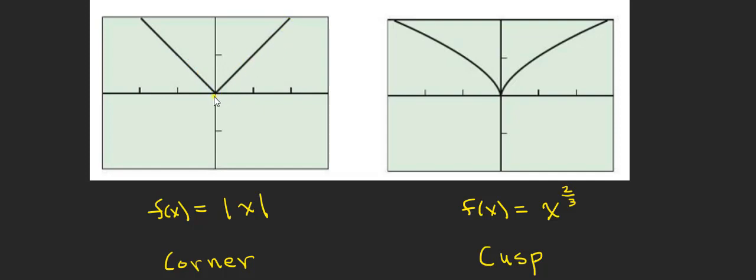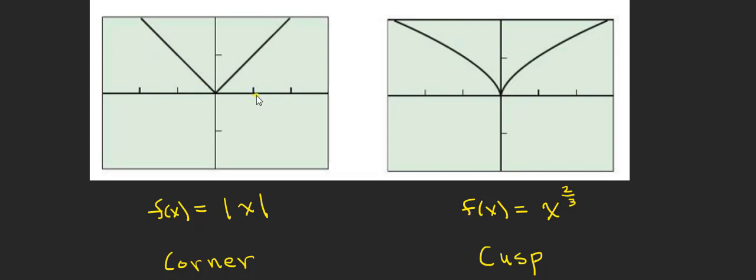However, when x equals 0, notice as you approach 0 from the left, the slope is negative. But as you approach 0 from the right, the slope is positive. As a matter of fact, the slope as you approach 0 from the left will be negative 1.